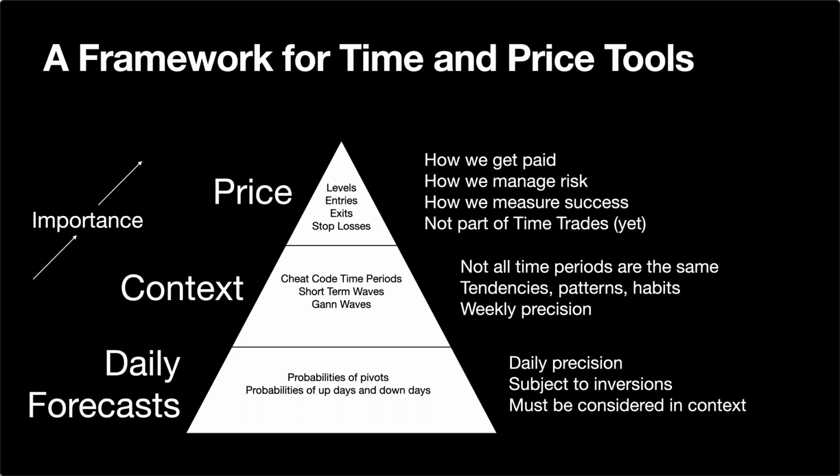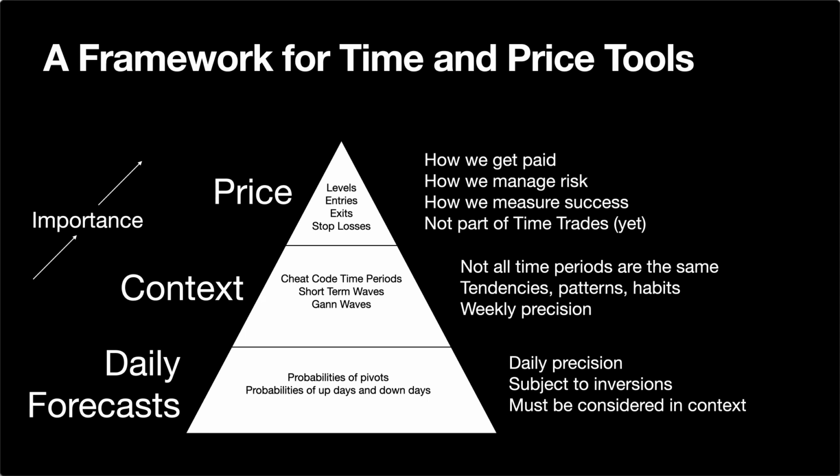The daily forecasts are subject to precision, subject to inversions, and they have to be interpreted in the broader context that's going on, and that includes the Gann waves. The cheat code is interesting because it provides another tool to provide some context.